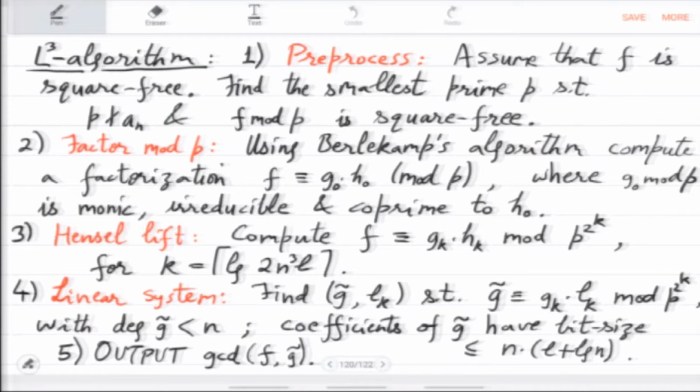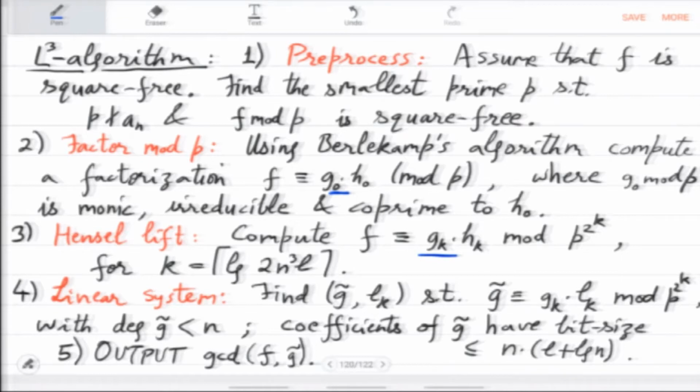So let's say the factors are G0, H0. G0 is assumed to be monic, irreducible and co-prime to H0. It's a co-prime factorization. Next is Hensel lifting. Okay, so now you lift G0 to Gk. G0 is this monic irreducible co-prime factor.